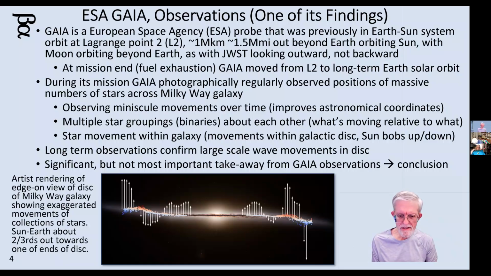Yes, that's what they're trying to say. It's not just that everything on the left was moving up and everything on the right was moving down, which would say the disk of the Milky Way is kind of flipping around. But by it going up and down in these wave actions, what they're guessing is that the Milky Way galaxy has, over billions of years, interacted with other galaxies, and therefore it's induced these waves in the disk of the galaxy.